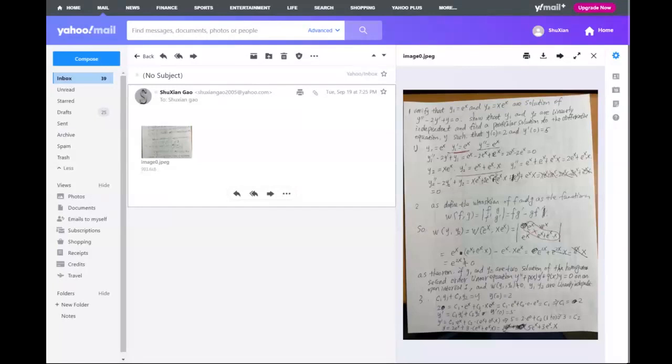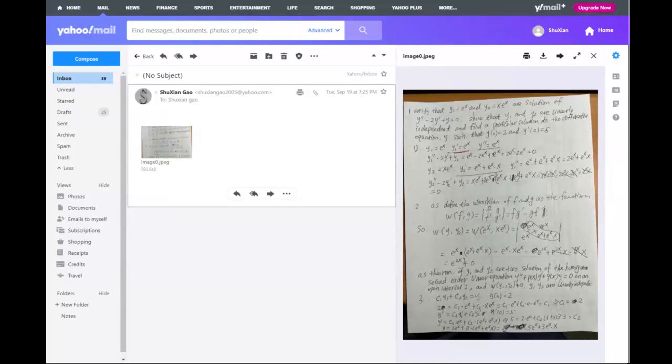First of all, I need to verify y1 and y2 are solutions of the equation. That's very easy. To verify a solution, I plug everything into the equation and check that both sides are equal. Let me start with y1. y1 is e to the x, y1 prime is e to the x, and y1 double prime is e to the x.